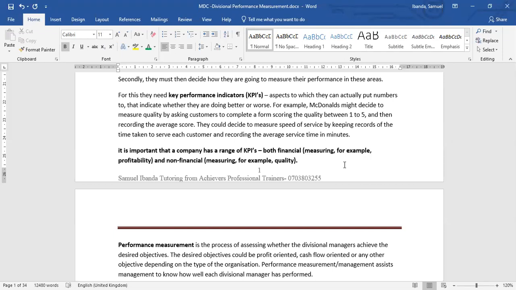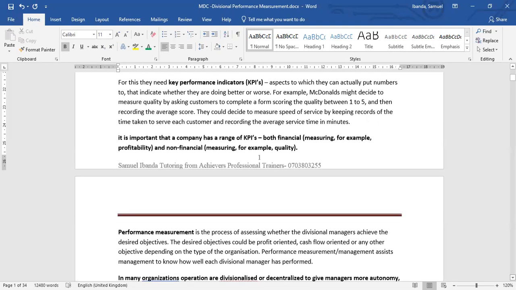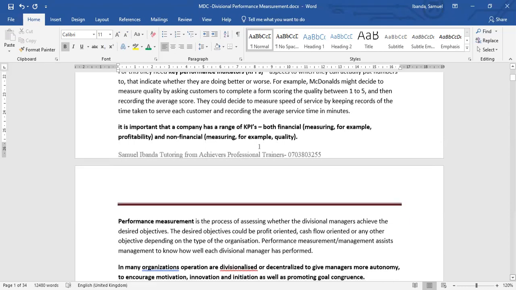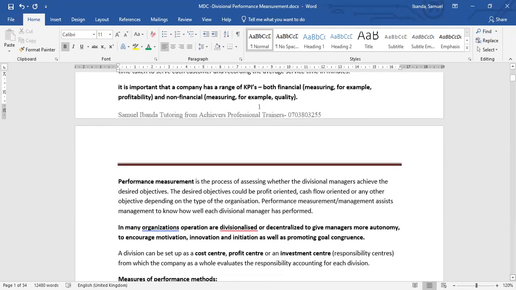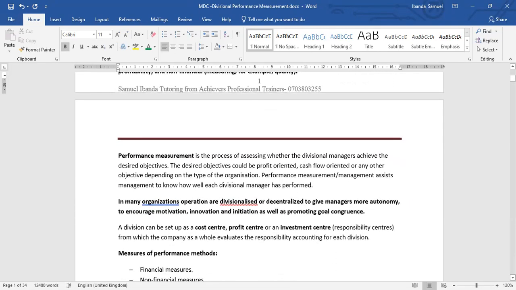So it's important for you to understand that if you're setting KPIs, then they should be both financial and non-financial. In simple terms, performance measurement is a process of assessing whether the division managers achieve the desired objectives.